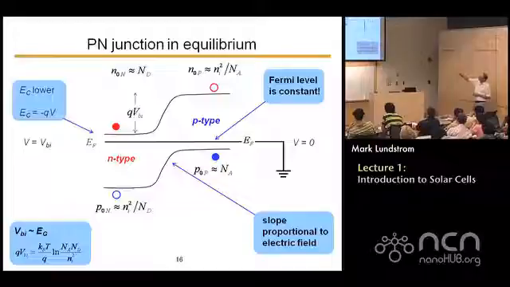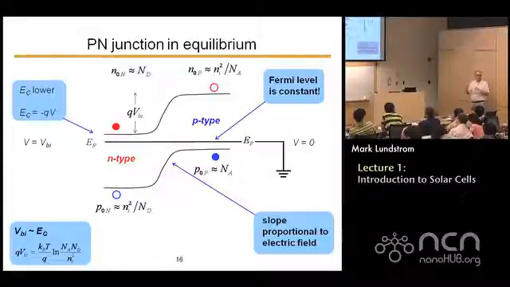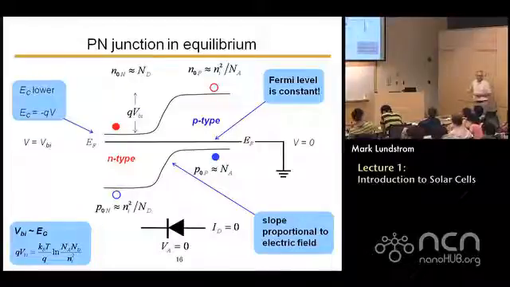So you can think of the electric field as exerting a force on holes to the right, which stops them from diffusing and stops current flowing. And it exerts a force on electrons to the left, which stops them from diffusing away from the N region. And that's what establishes equilibrium and stops the current from flowing. And then we draw this little circuit diagram here, where the arrow points from the P side to the N side, always. All right, that's our convention.